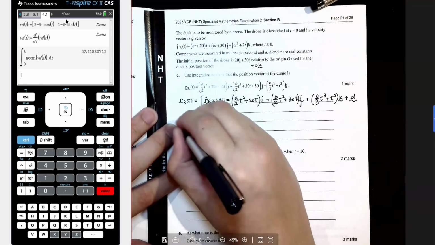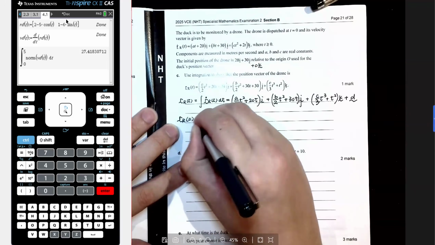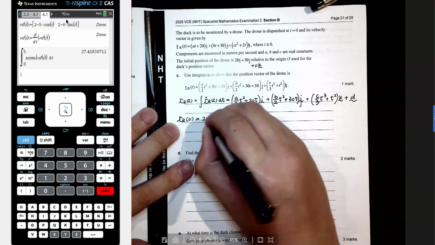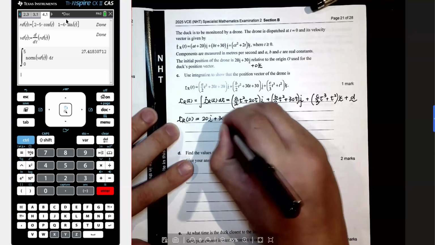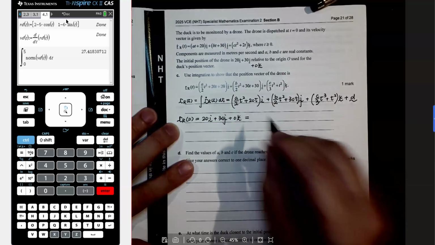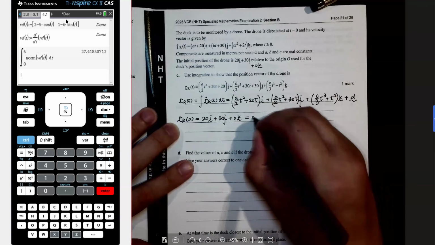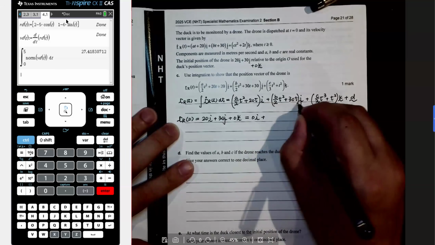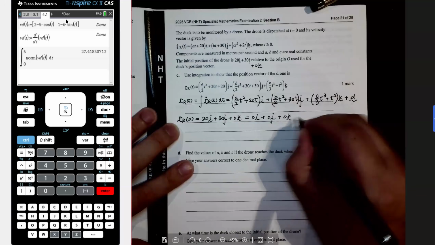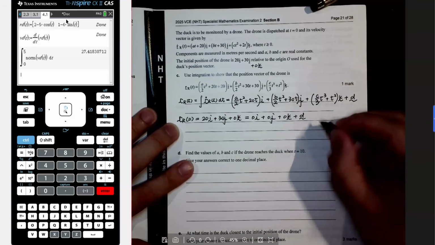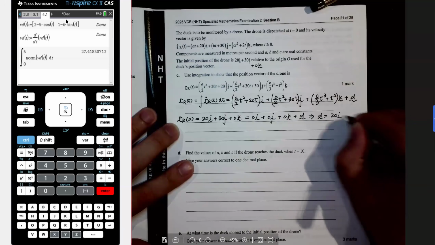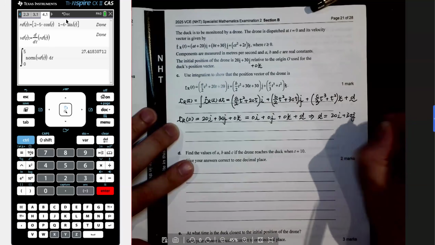And then we say R(0) equals 20i plus 30j plus 0k equals 0i plus 0j plus 0k plus D. So your D equals 20i plus 30j.